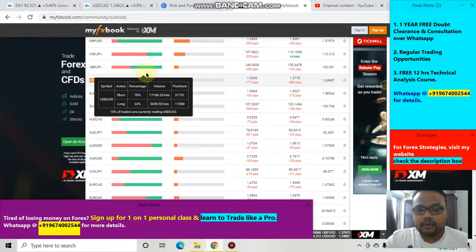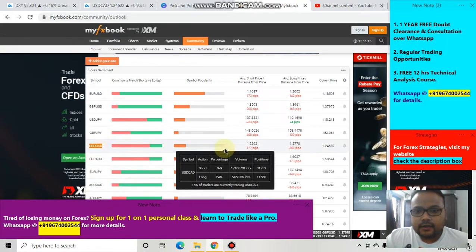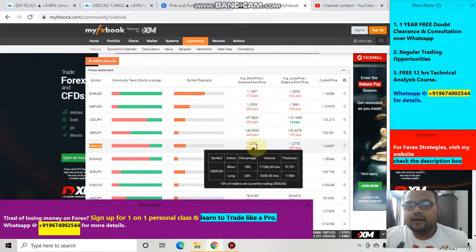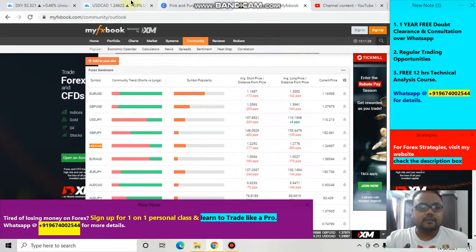Right now you can see that this is the USD CAD here, and most of the retail traders who have initiated short positions are at a loss of an average of 177 pips.